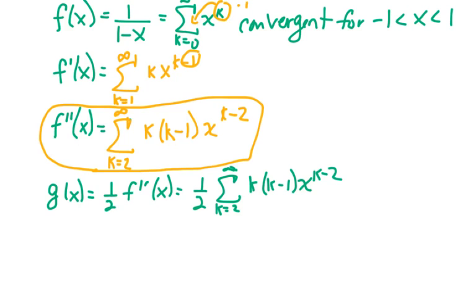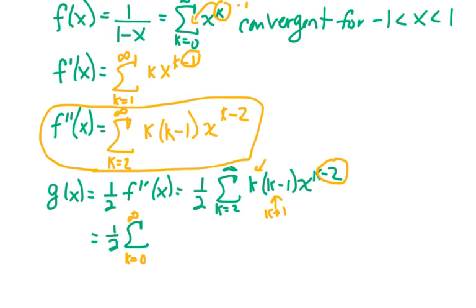Now I'm going to rewrite that in the form of the geometric series so that I can apply the convergence that we know for a geometric. All I need to do here is get this to be a k, right? So I'm going to subtract off 2 from the bottom index, and I'm going to add 2 everywhere there's a k. So this becomes k minus 1 plus 2, which becomes k plus 1.